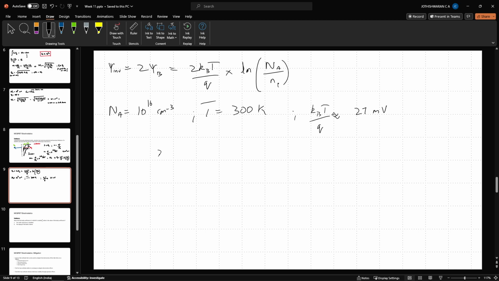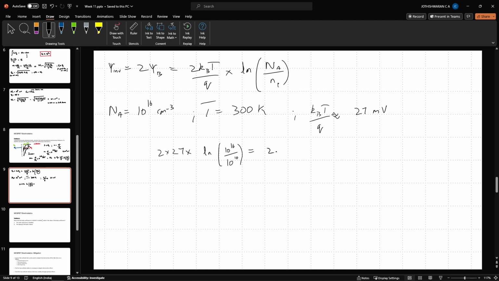That is going to be 2 into 27 into natural log of, and since both are given in the same units, I don't have to do any conversions. So this is 10 to the power 16 divided by 10 to the power 10.